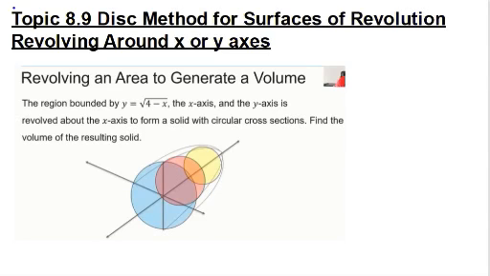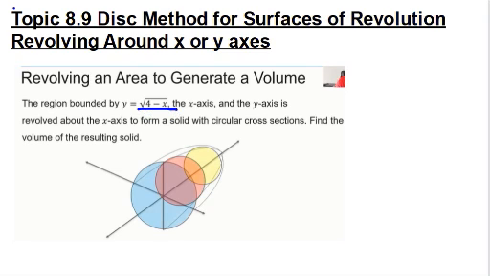Today, let's cover topic 8.9, which is the disk method for surfaces of revolution. What we're doing here is rotating a function, and this visual gives us a pretty good idea of what's happening. We are rotating a function around the x-axis.